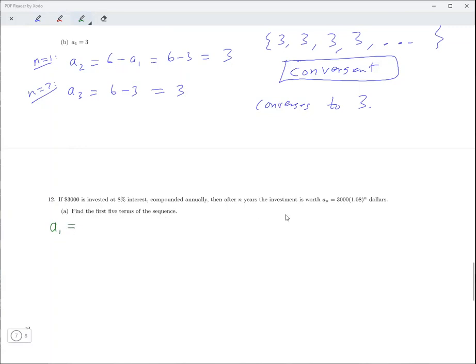So a1, just put a 1 in here. 3,000 times 1.08 to the first power, and I got 3,240. So that's the first one.